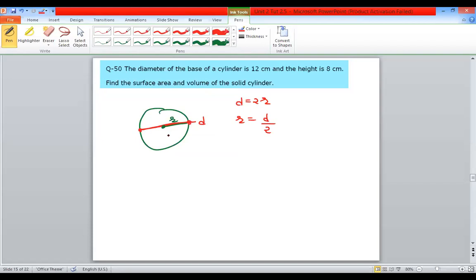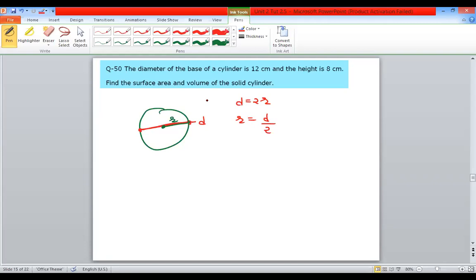This line segment is known as a diameter. In other words, you can say diameter is always twice of radius, and the radius is always half of diameter. So these are the relation between them. Okay, understood?